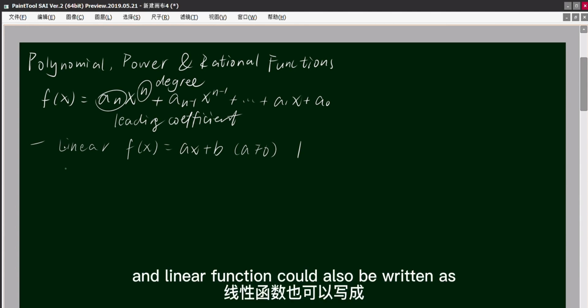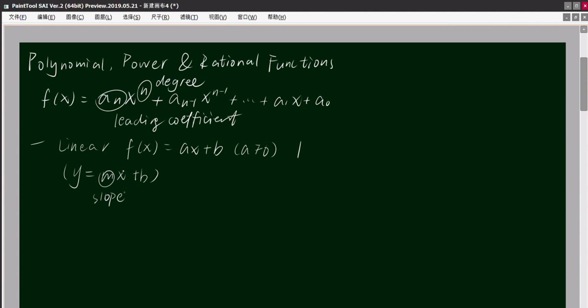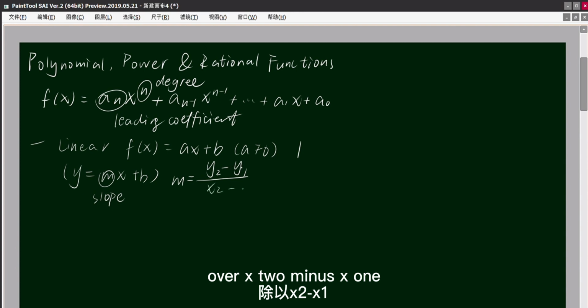And linear function could also be written as y equals mx plus b, where m is the slope. And the formula for m is (y2 minus y1) over (x2 minus x1).